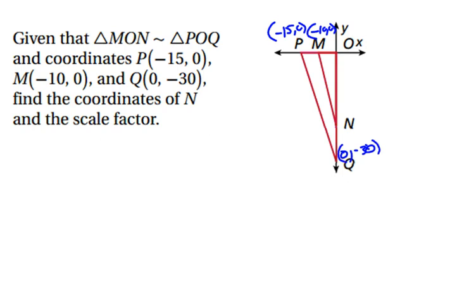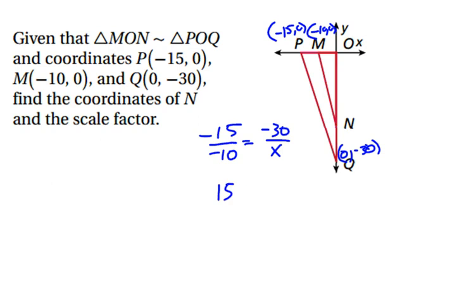So we have that -15 is to -10 as -30 is to what? So we work this out, and hopefully we'll get something that will work out.